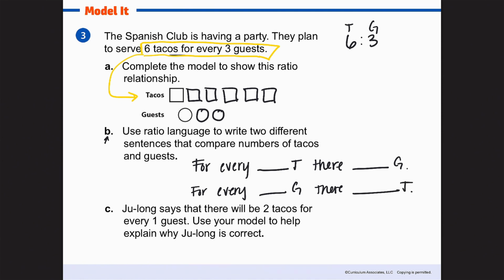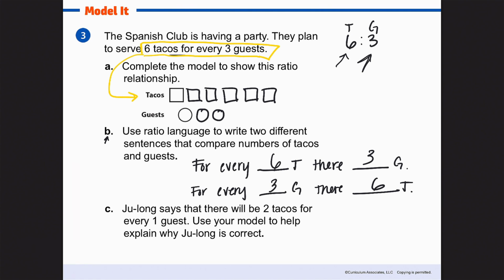Okay, so I know for every taco, there's going to be so many guests, right? So I can just go ahead and look at my values here. So for every 6 tacos, there's going to be 3 guests. And for every 3 guests, there's going to be 6 tacos. That's one way to write it, okay?